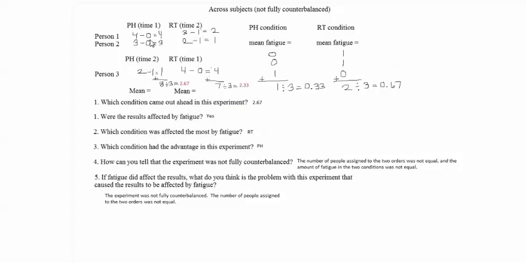And what we did was we calculated the averages of the fatigue scores. Basically, the fatigue scores were just the numbers that we subtracted by. At time 1, we subtracted all of the ratings by 0, which means they didn't change.